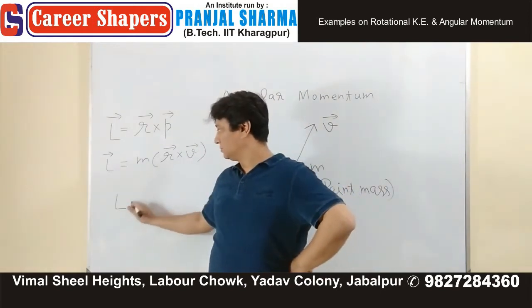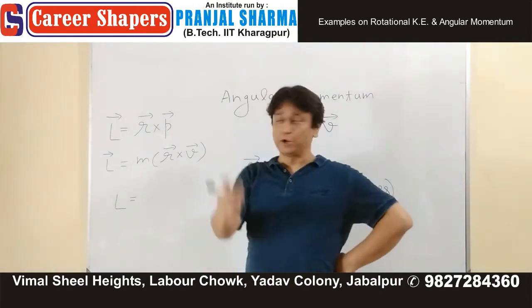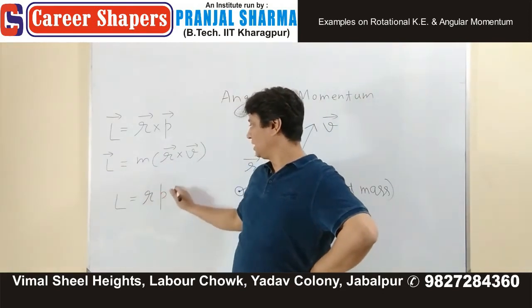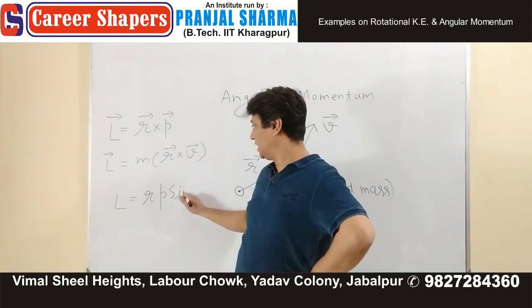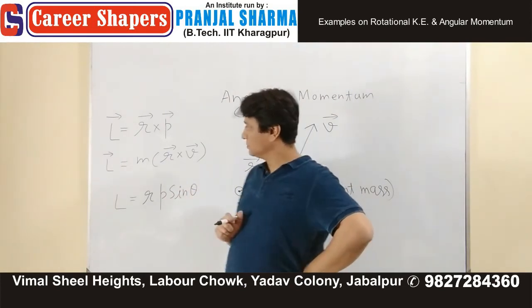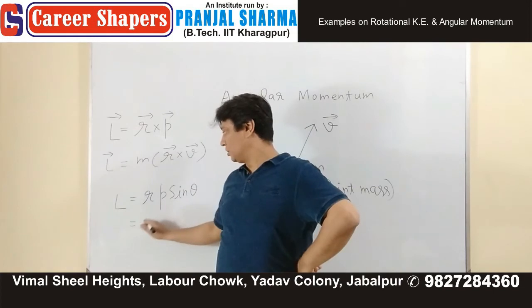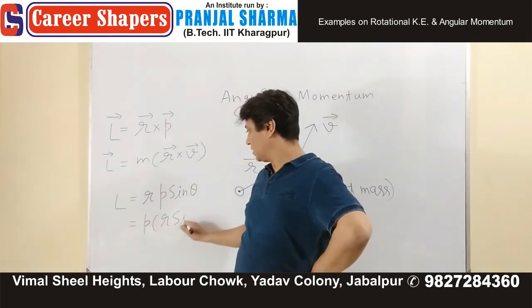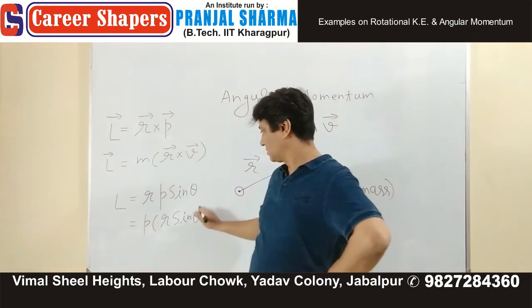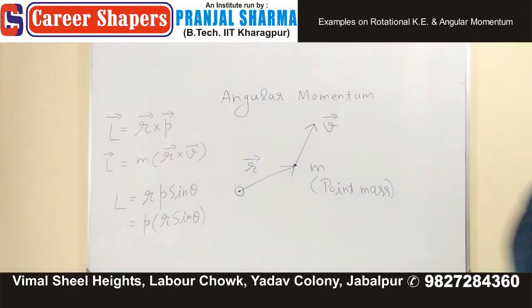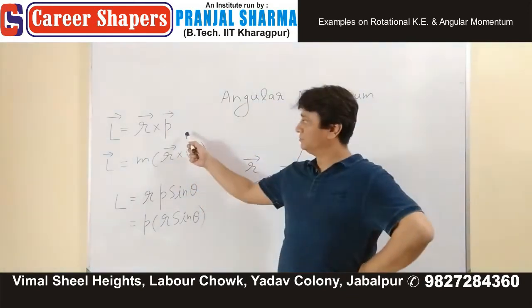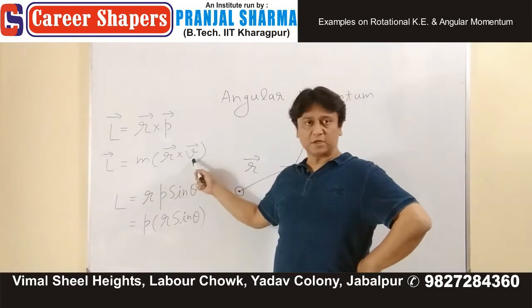This L, now the magnitude part, is R into P into sine of theta, which you can also write as P times R sine theta. This R cross P, the same as this.